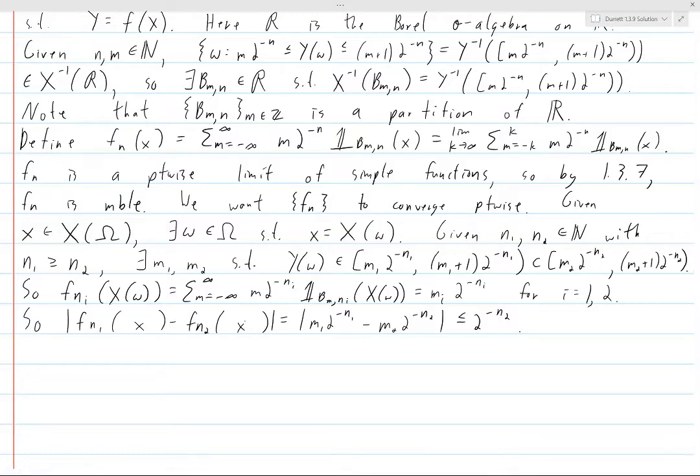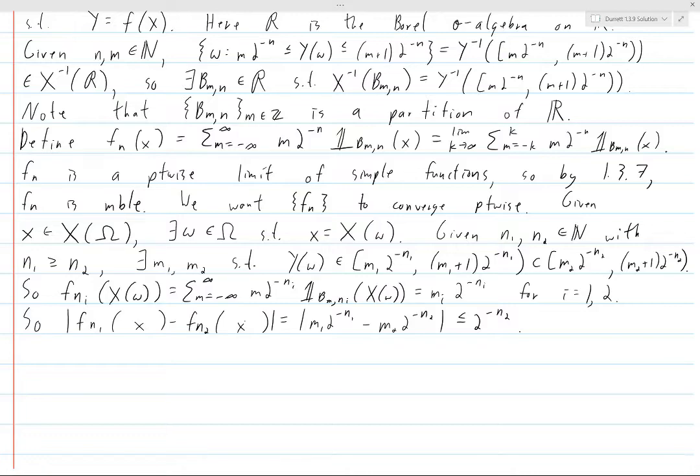All right, if you choose any x in the image of omega under capital X, then choose a natural number capital N such that 2 to the minus capital N is less than any given epsilon.